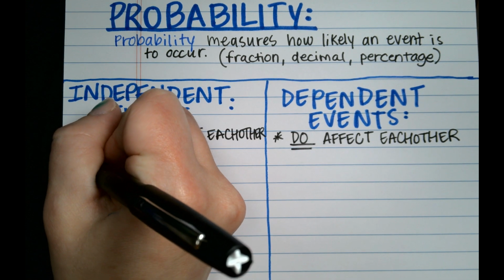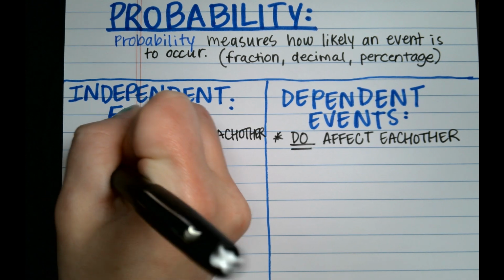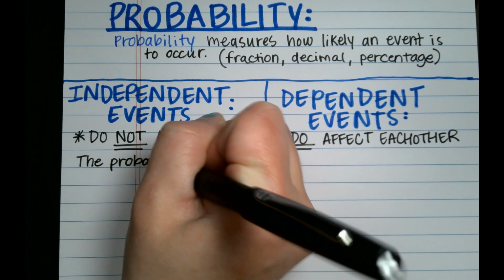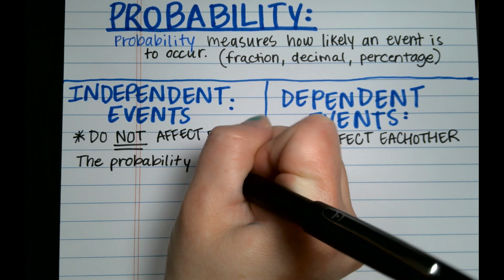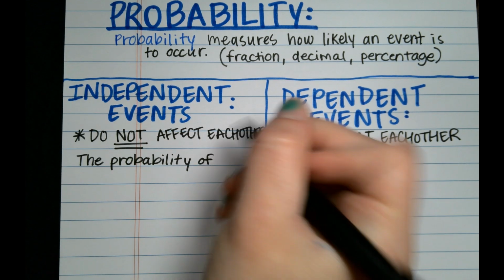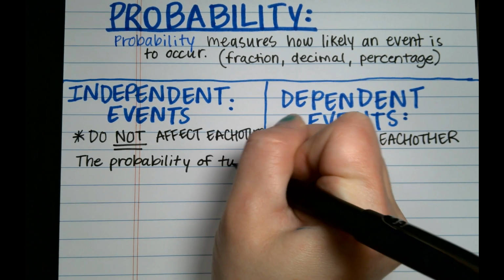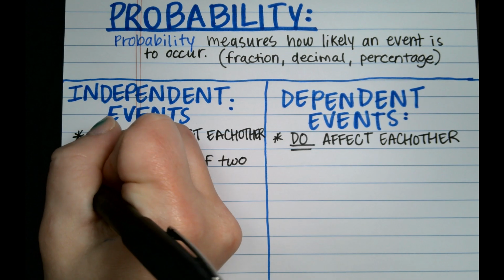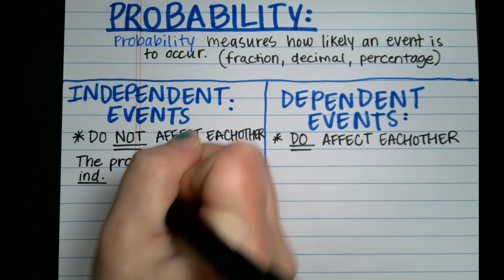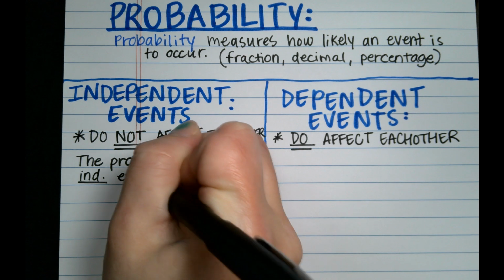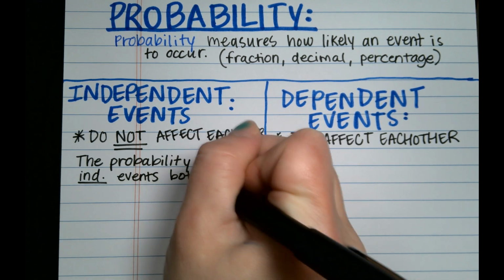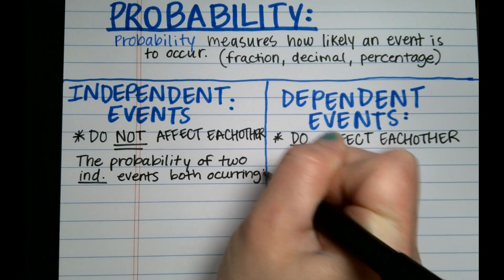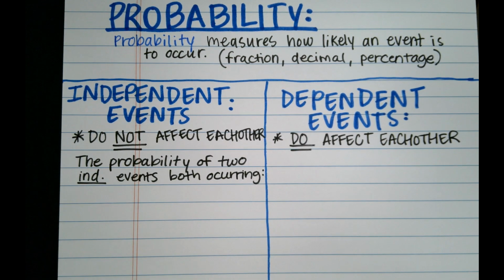I'm going to say the probability of two independent events both occurring would be written like this.